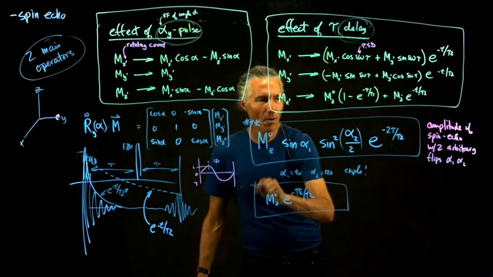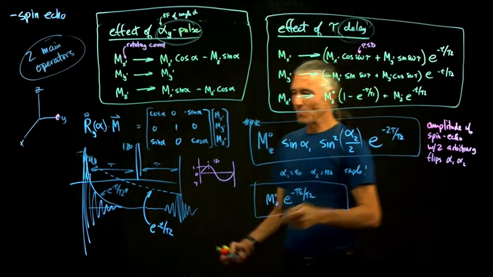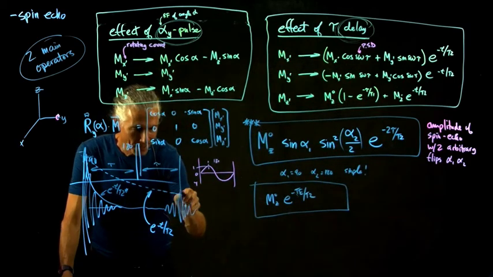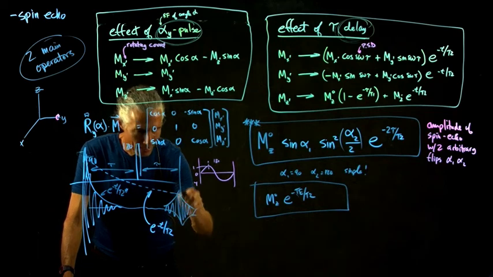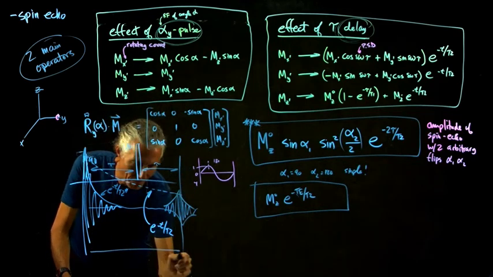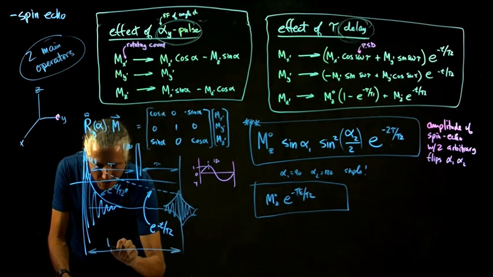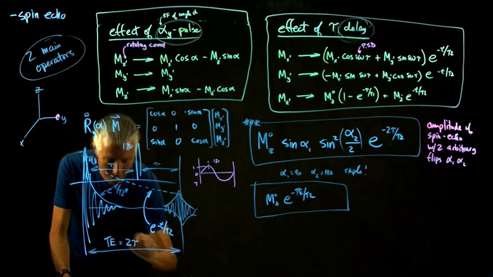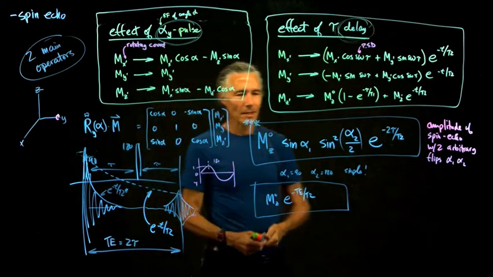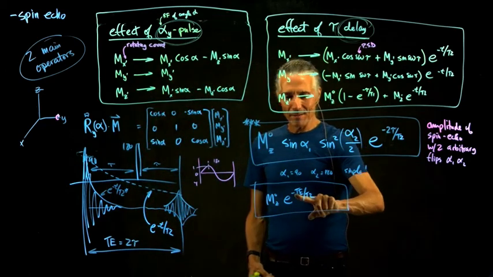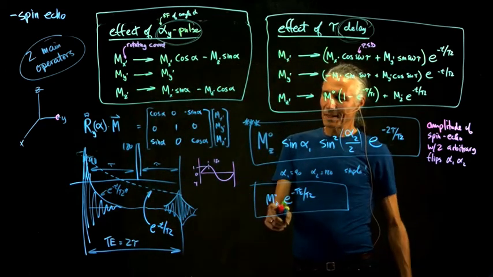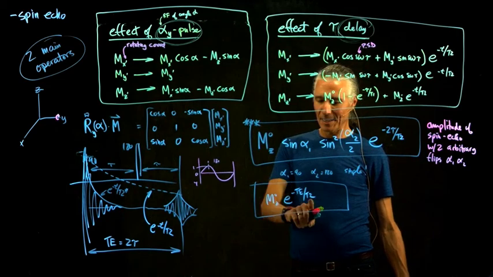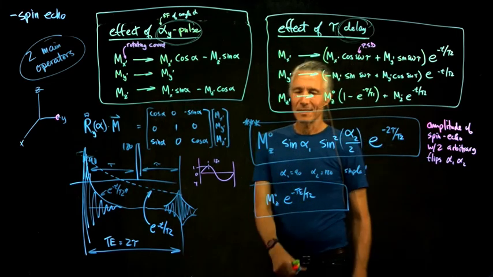So where did the 2 go? Well, what is the TE? The TE is basically just this time. So this is the time of the echo, equals 2 times tau. So everything goes away, and we just get Mz times e to the minus TE over T2.